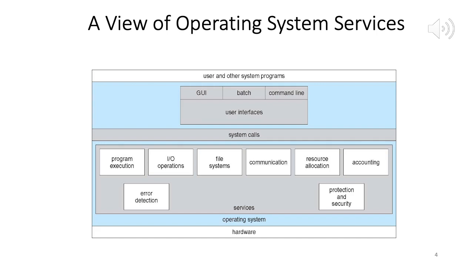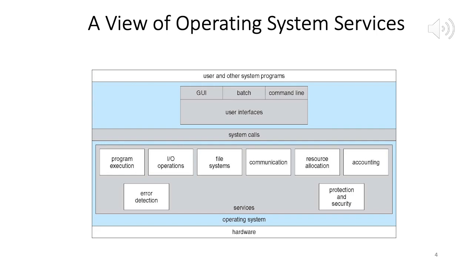picture in which we've got different layers. At the bottom layer, of course, we have our hardware, right? Our CPU, memory, IO devices, so on. And then above that, we've got our operating system, right? And you can see within the operating system, these services which are provided, right?